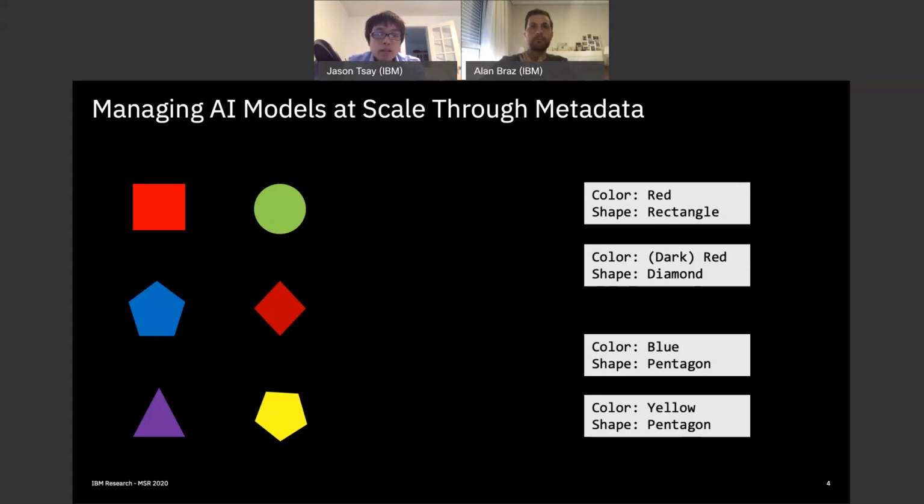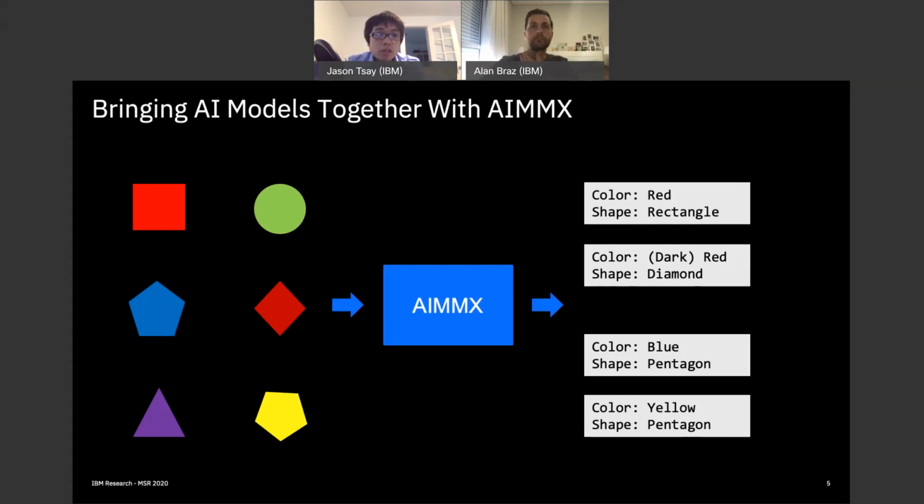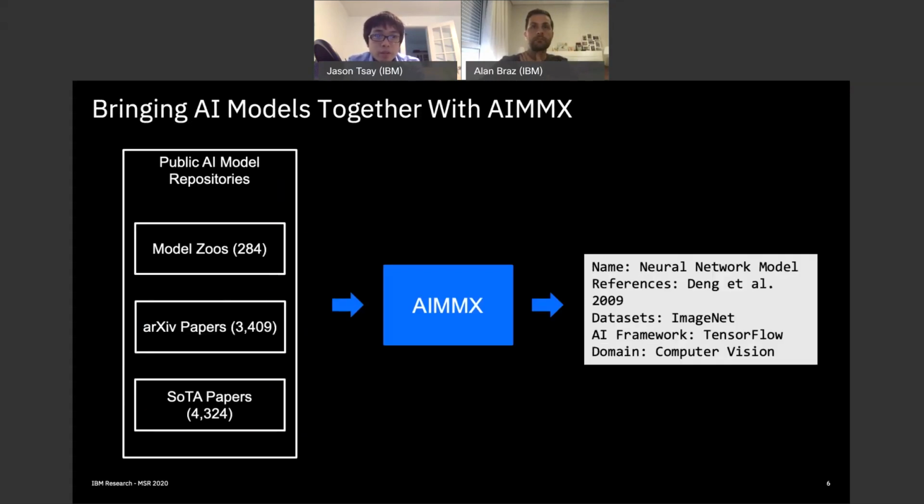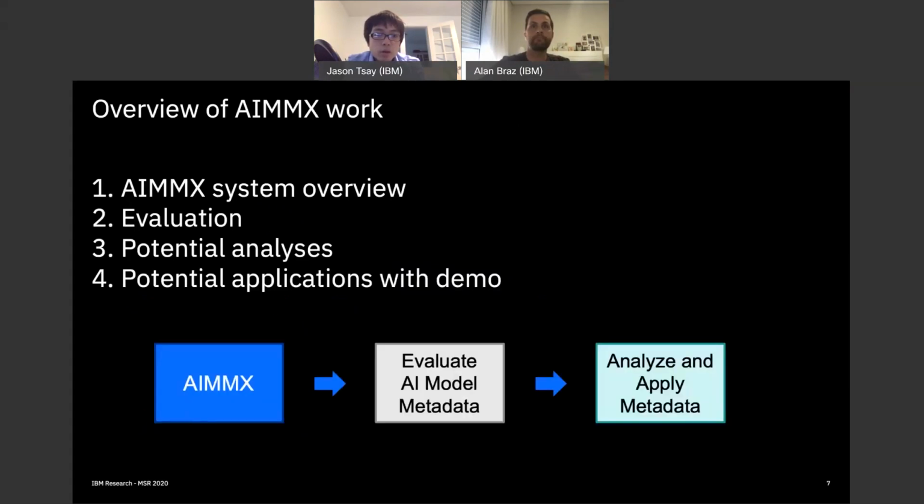So that's exactly what AIMMX does. It generates metadata, but instead of shapes, like on the left, we use AI model repositories, specifically public ones from various places. And then on the right, we generate metadata for specific AI models. So this is in general what our work is.